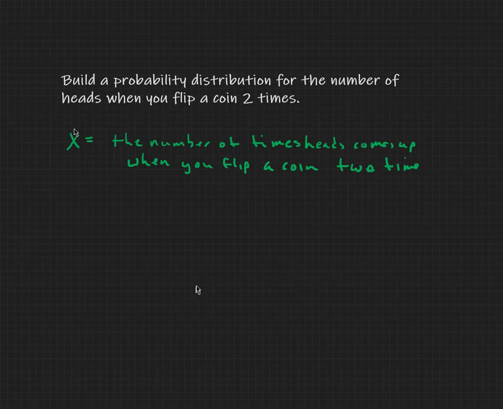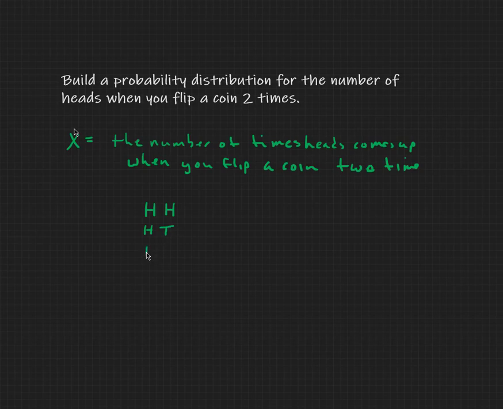So to investigate this, the first thing I'm going to do is think about what are all the possibilities that could happen with this experiment. I could flip the coin first and get a heads, and then flip it again and get another heads, or I could have that same heads and flip it and get a tails.